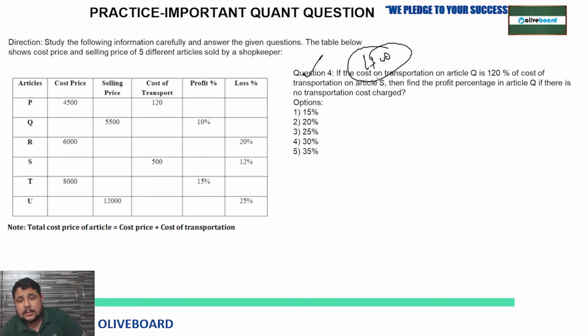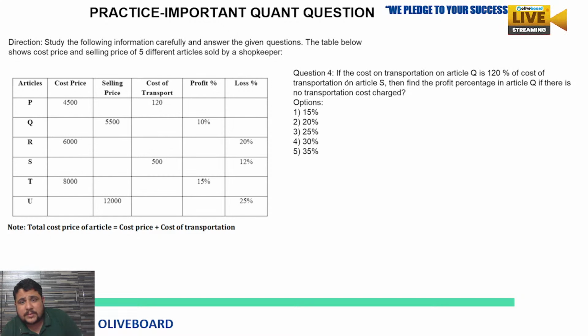If the cost of transportation on article Q is 120% of the cost of transportation on article S. See, cost of transportation on article Q is 120% of the cost of transportation on article S. So do let me know, is this clear?